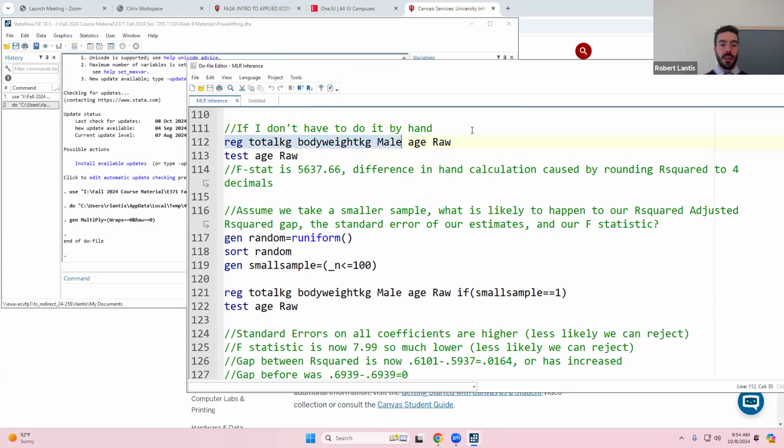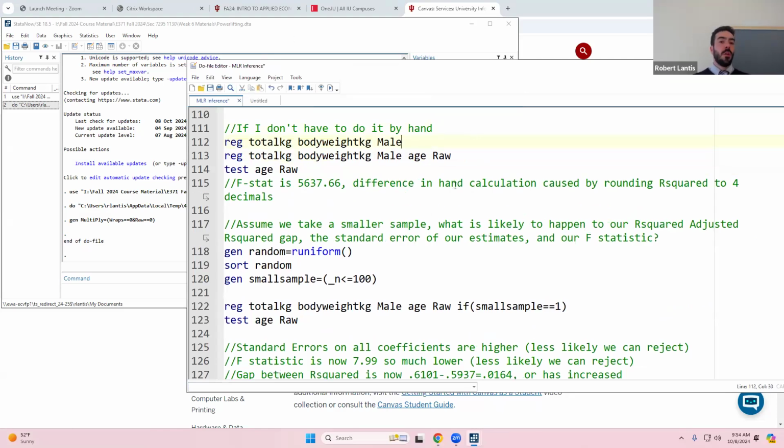So this is what we would call our restricted model, right? It's leaving out these additional two variables. Here we're trying to predict the total weight lifted from someone's body weight and whether or not they're male. Then we have these additional variables, age and raw. Are they jointly significant if we add them into our model?